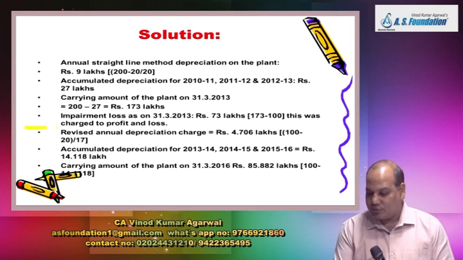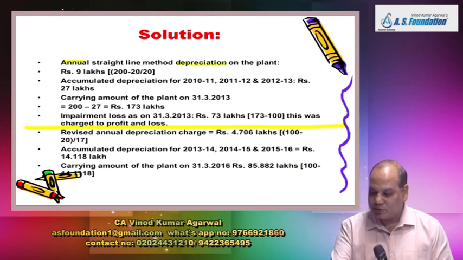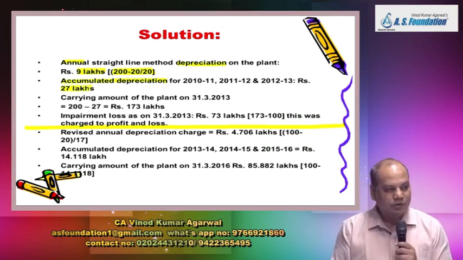Write down up to this. First you will write down annual depreciation. Just write annual depreciation. 200 minus 20 divided by 20 equal to 9 lakhs. Okay. Next line. Accumulated depreciation for 3 years. 9 into 3, right? 27 lakh.